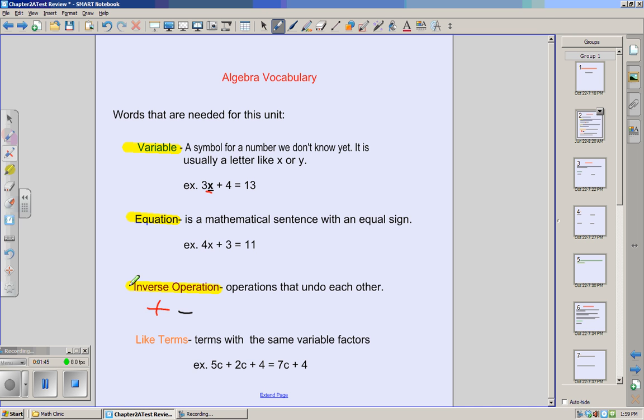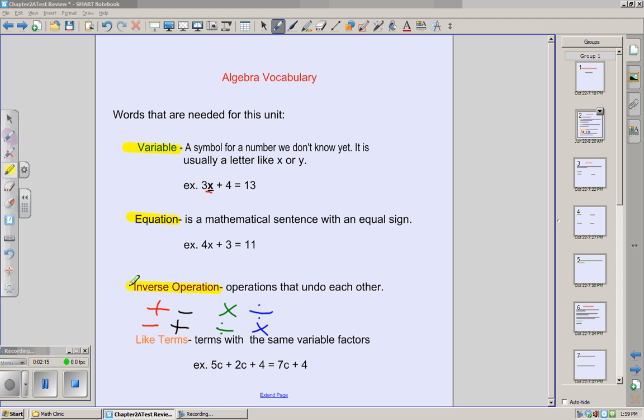The inverse of subtraction is addition. The inverse of multiplication is division, and the inverse of division is obviously multiplication. These are inverse operations, and I will talk about these throughout our algebra problems.